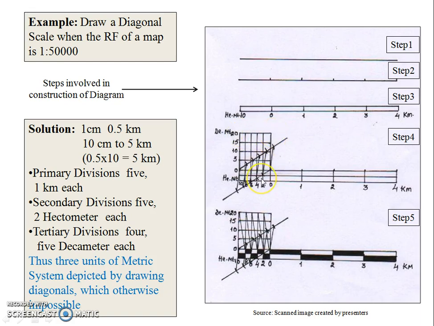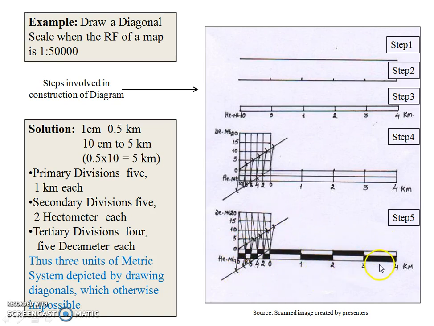Now you are getting small vertical rectangles as shown here. Join bottom right end and top left end by a line. It is called a diagonal line. In this way, repeat the process in all the 5 vertical rectangles as shown in step 5. Write ground distances vertically 5 decameter each. Your diagonal scale is ready.